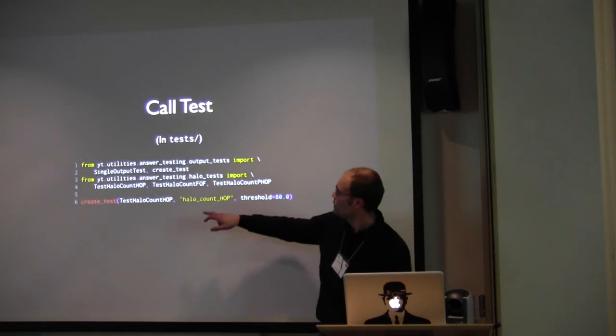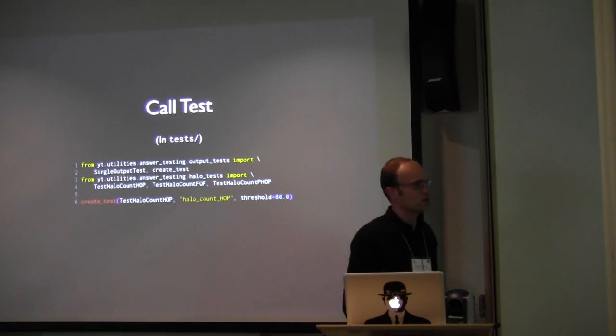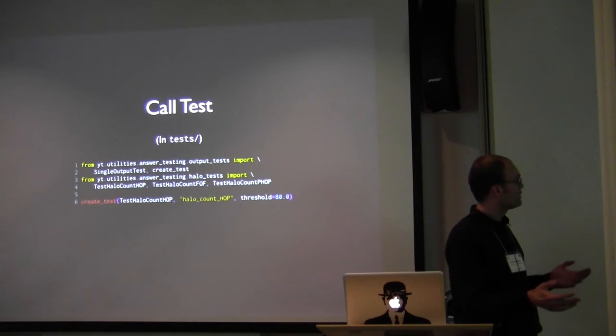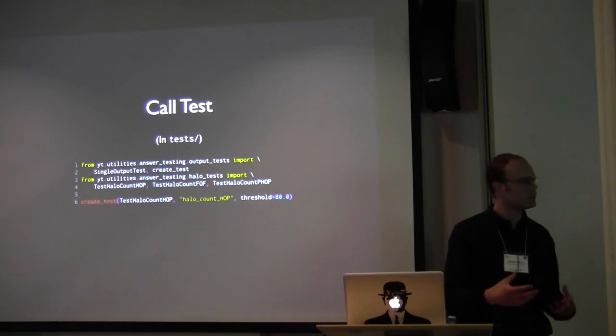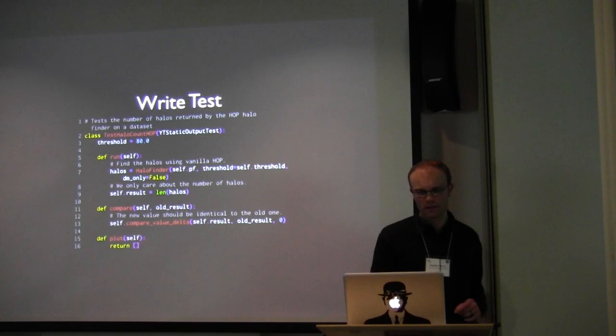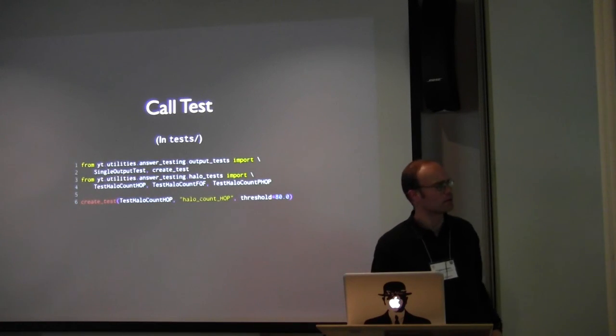And here, just after on line 4 at the beginning, I'm importing test halo count hop. And then I'm creating the test halo count hop, and I'm giving it a string, which is how its results get stored. And there's a parameter, which you might have noticed in the run, there's a threshold, a self.threshold. I can change the threshold right there.